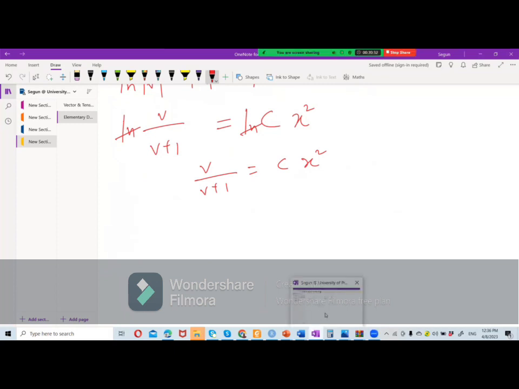So now let's look at the exact solution, first order differential equation.